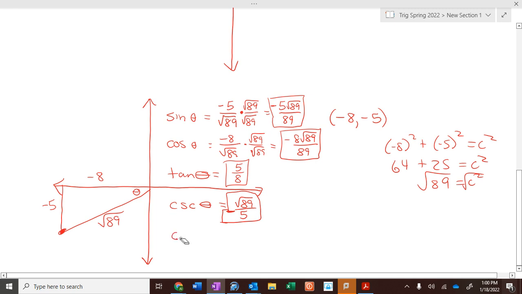The secant of theta. 89 over 8. And the cotangent of theta. 8/5.